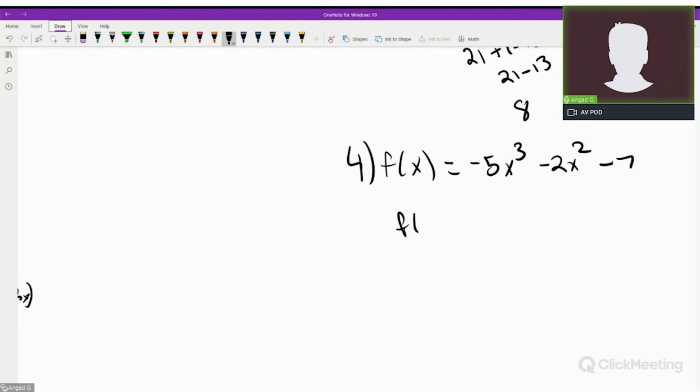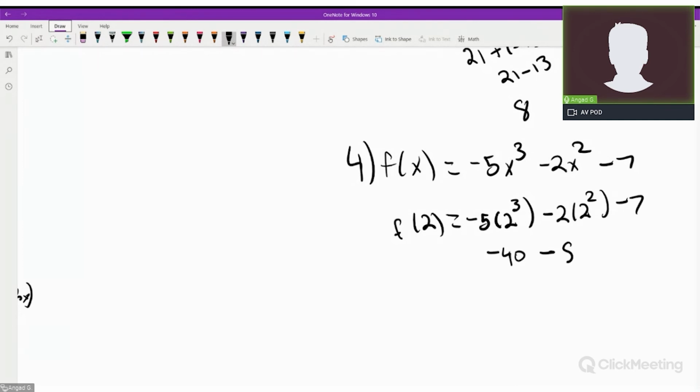It's asking for what f of 2 is. How do you find f of 2? You plug in 2 for every x value. So we're going to do negative 5 times 2 cubed minus 2 times 2 squared minus 7. What's 2 cubed? 8. What's negative 5 times 8? Negative 40. Minus 4 times 2, 8, minus 8. Minus 7.